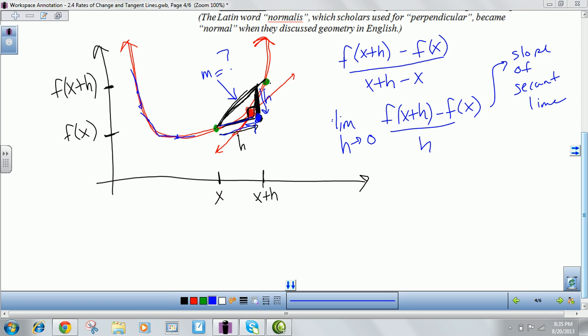In the future we're going to actually use functions, but it's way better to know how to do this without functions, because I guarantee when this shows up on the AP exam, it's not going to be "find the derivative of a function using the definition of the derivative." I promise you that it's not going to be the case. You're going to have some general function that you're not going to be able to do anything with. So it's better that you understand it conceptually so you can understand problems like that.